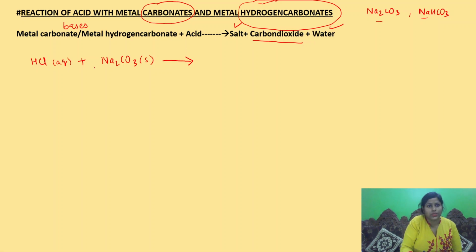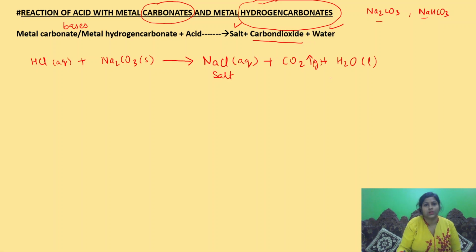Now we will take up this reaction. You know NaCl is the salt, aqueous. This is a salt. What will be formed? CO2 gas will be released and water, right? This is gaseous.